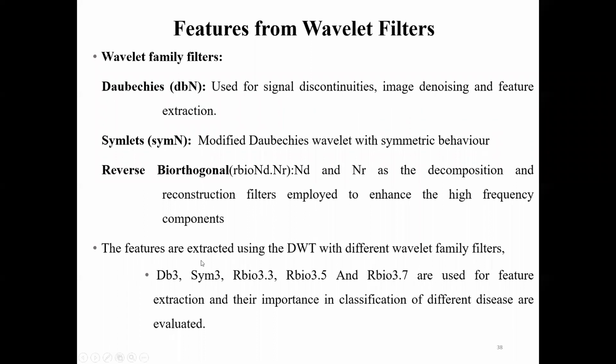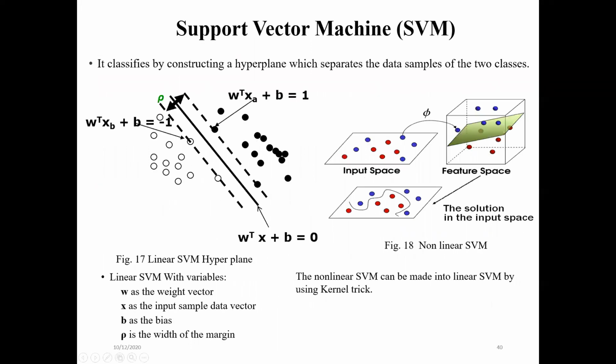The features are extracted using the DWT with different wavelet family filters like Daubechies 3, Symlet 3, DB3, SYM3, reverse biorthogonal RBIO 3.3, RBIO 3.5 and RBIO 3.7, and their importance in classification of different diseases is evaluated.